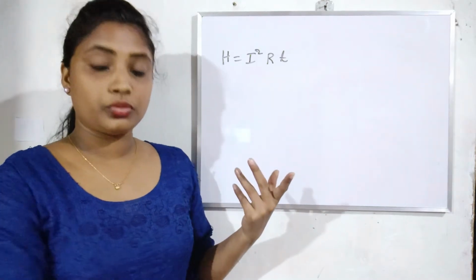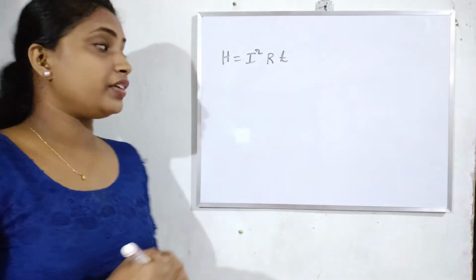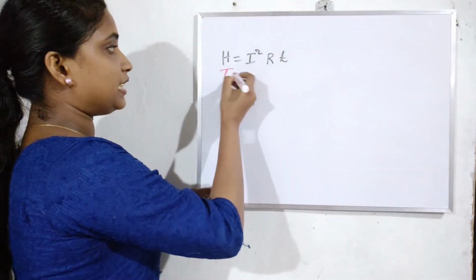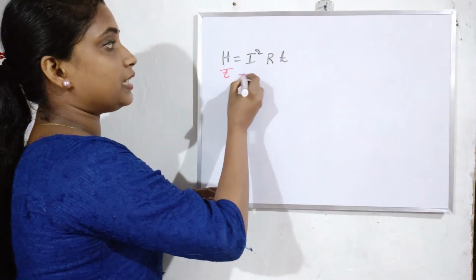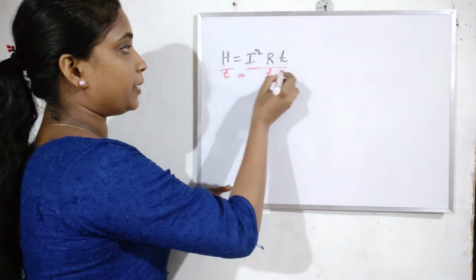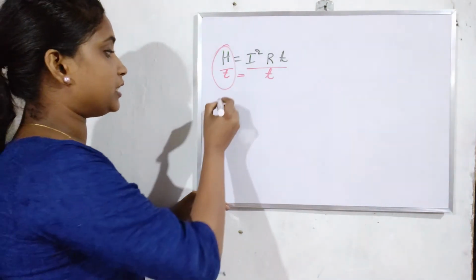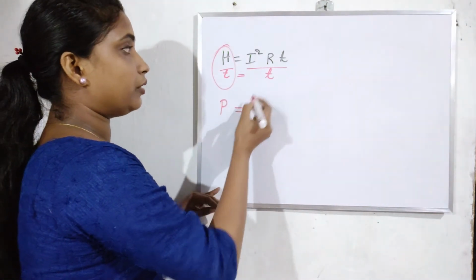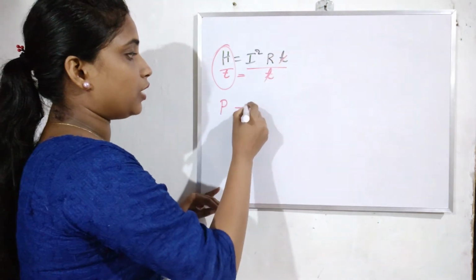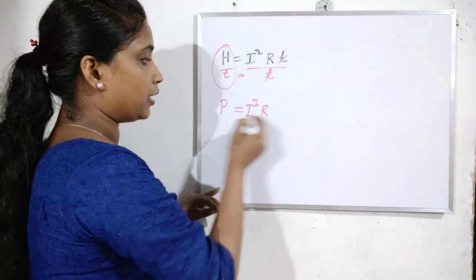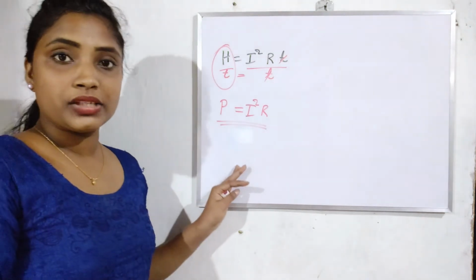So simply we can divide by T. H by T is actually the power, equal to I square RT divided by T. The energy by T, or the rate of consumption of energy, is the power. P is equal to I square into R. Electric power P is equal to I square into R.